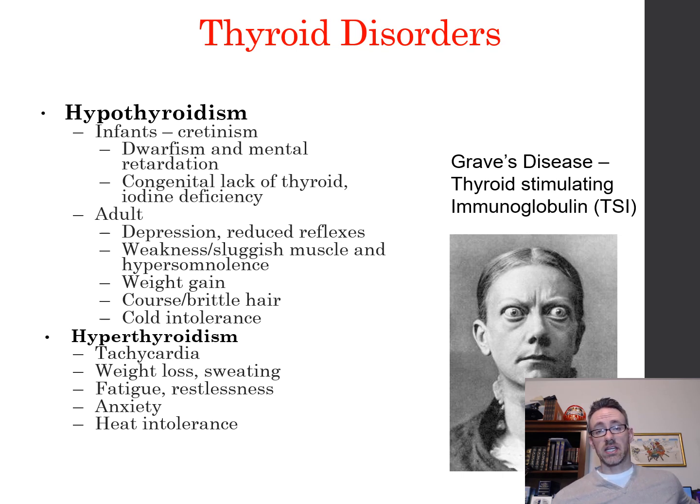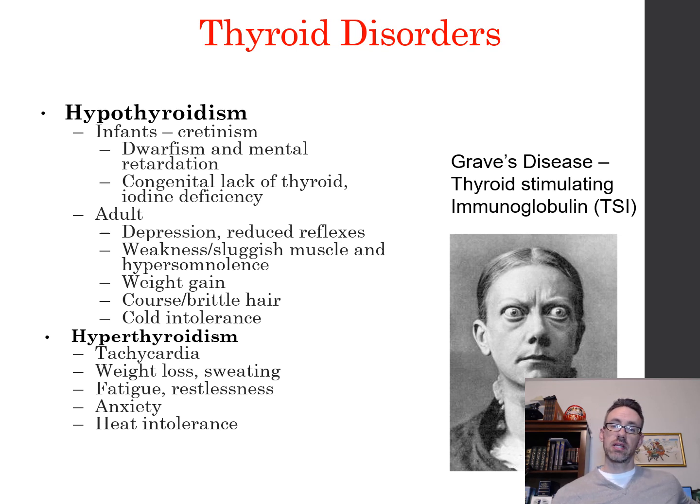However, it doesn't have the same feedback mechanism. Whereas TSH comes from the pituitary, stimulates the thyroid, which releases thyroid hormone that should then feed back on the pituitary and inhibit its release of TSH. So that's the normal function. The TSI, on the other hand, doesn't have a negative feedback.